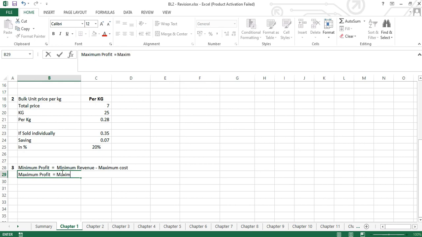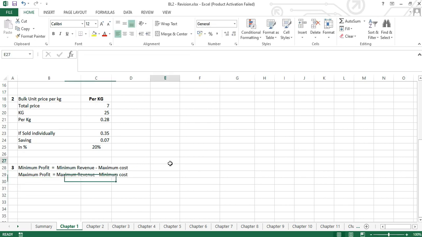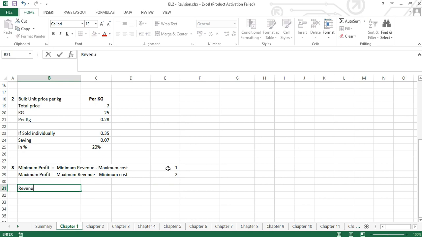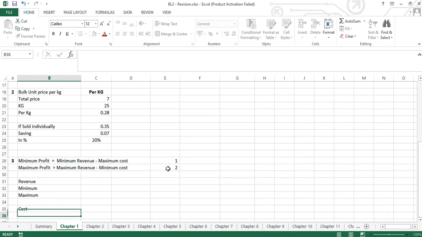So you select maximum revenue minus minimum cost. Okay. So now we will be needing minimum revenue, maximum cost, and maximum revenue and minimum cost. Let's first calculate the revenue portion, minimum and maximum. Then the cost portion, minimum and maximum.